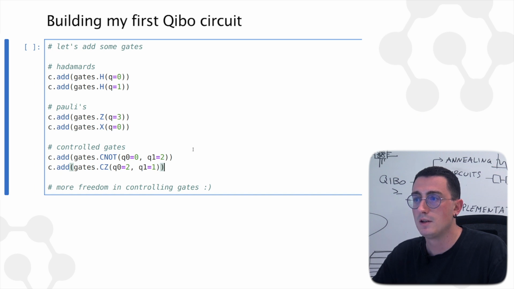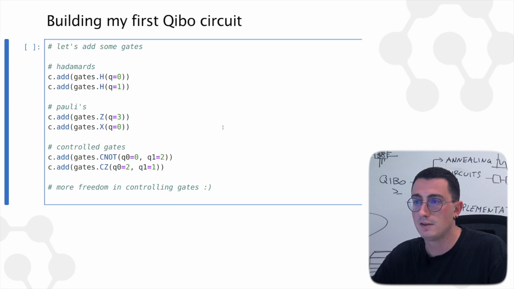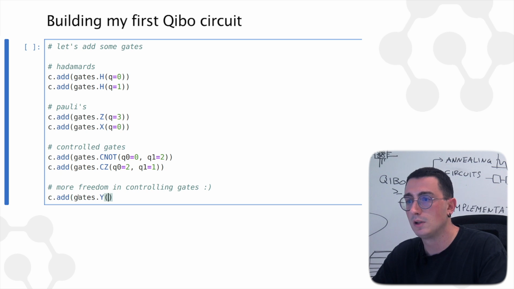And finally, I would like to show you some more complex way to build controlled gates. In particular, thanks to this Qibo circuit method, you can build multi-controlled gates. And you should do that by selecting the gate you want to implement. So typing, for example, c.add gates.Y.